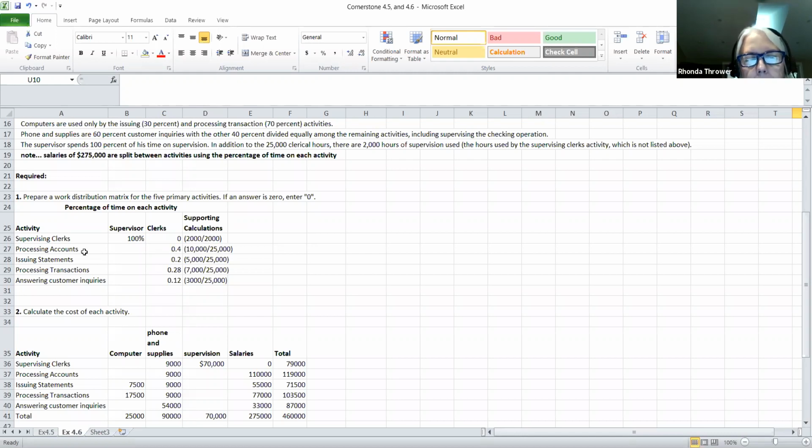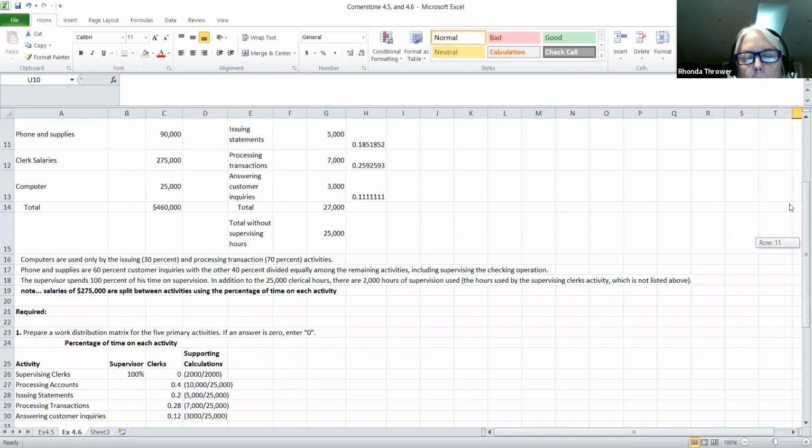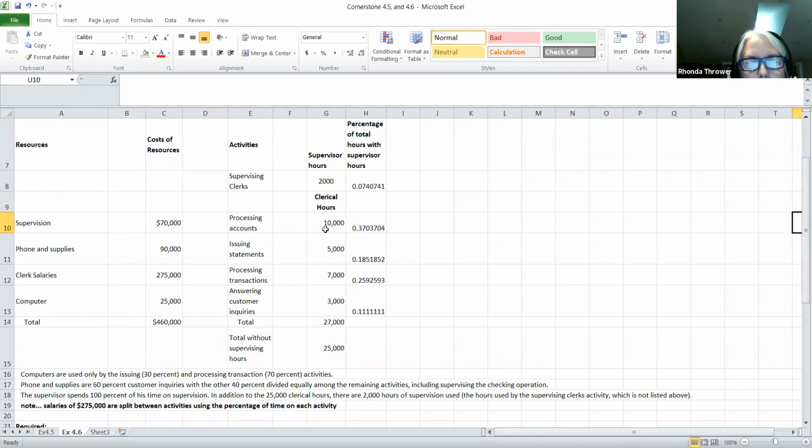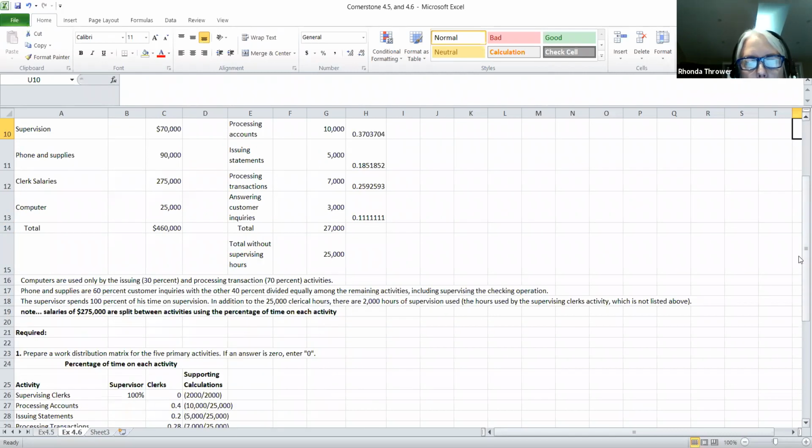For processing accounts, which is an activity, we would take the total processing accounts hours, which was 10,000, which came from the given information here, and we would divide that by 25,000 hours.